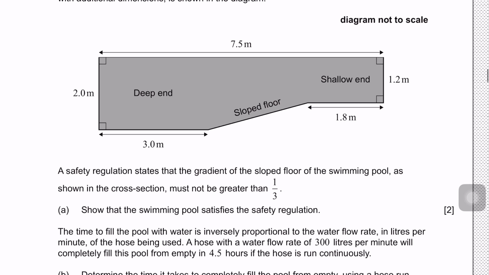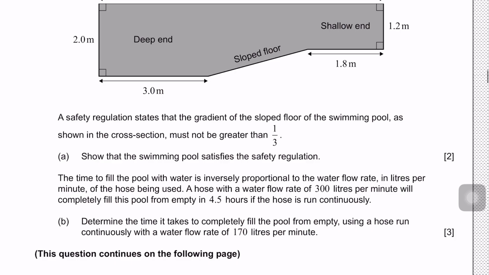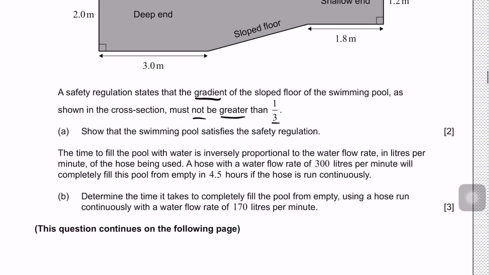So here's a shallow end, deep end, we have the sloped floor right here, and the total length of the pool, and so on. A safety regulation states that the gradient of the sloped floor of the swimming pool, as shown in the cross-section, must not be greater than 1/3. So the gradient in this case cannot be greater than 1/3. Show that the swimming pool satisfies the safety regulation.